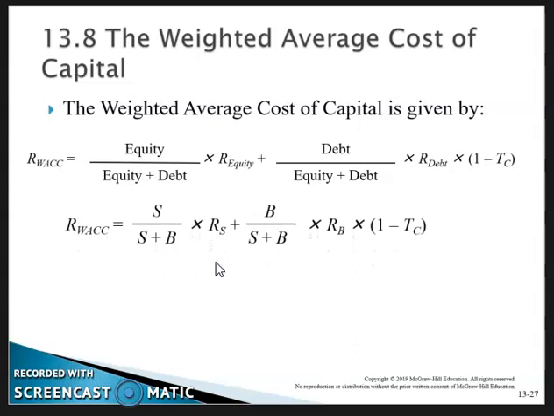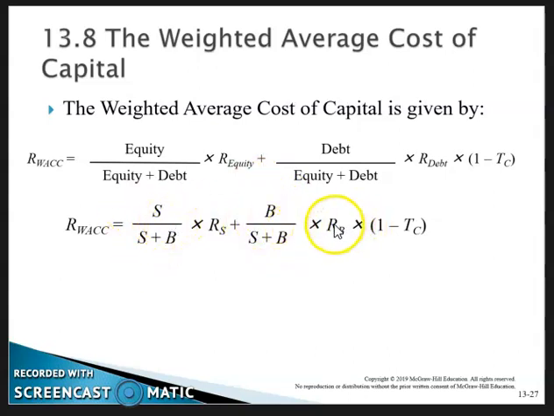So the weighted average cost of capital, in this case, is the value of stocks divided by the value of stocks plus the value of bonds, multiplied by the required rate of return on stocks, plus the value of bonds divided by the value of stocks plus the value of bonds. This calculates the weight in bonds, and the weight in stocks over here.